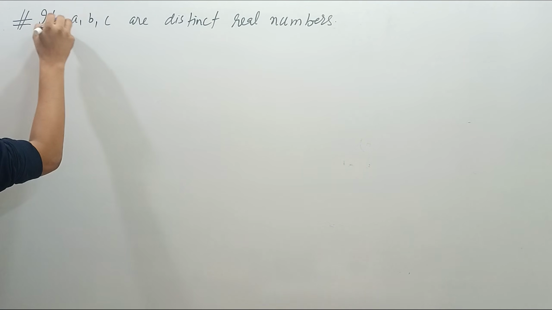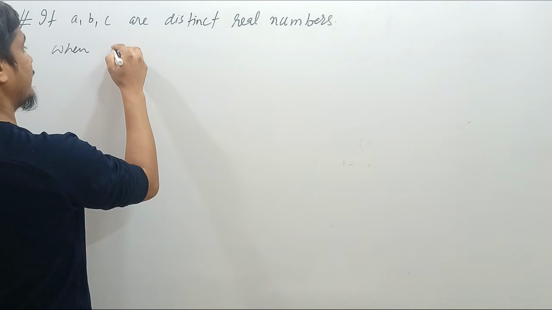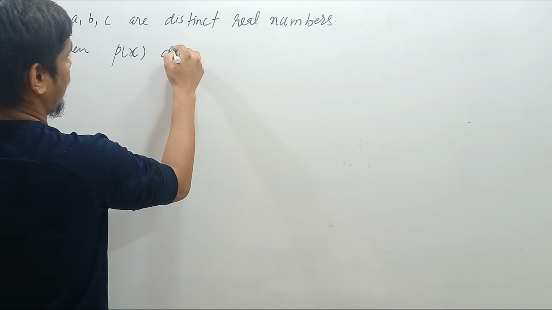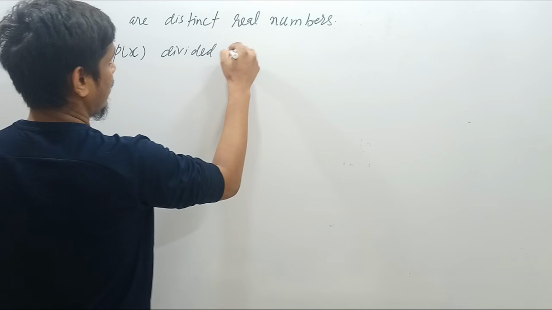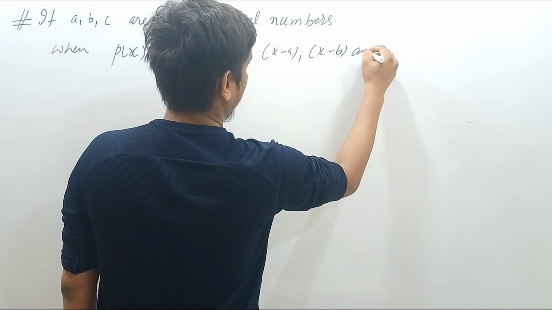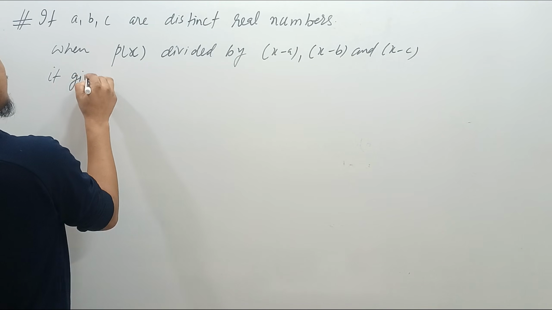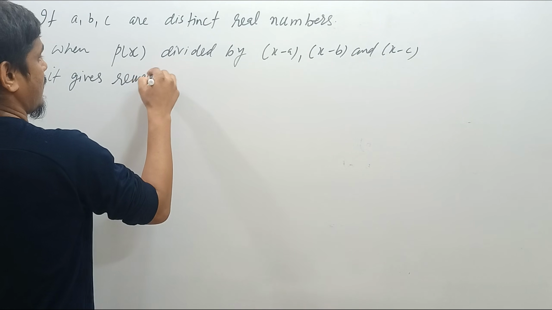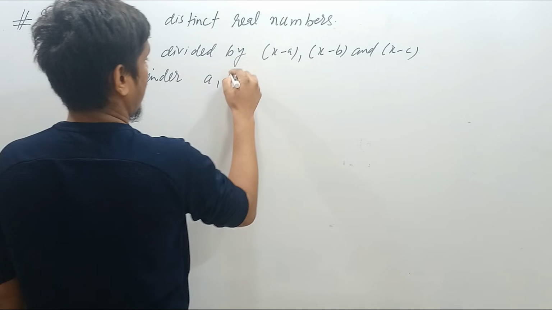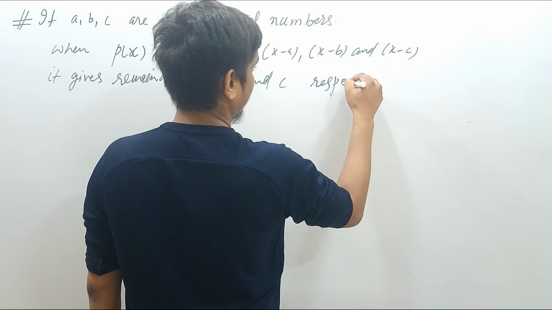If a, b, c are real numbers, and when p(x) is divided by x minus a, x minus b and x minus c, it gives remainders a, b and c respectively.